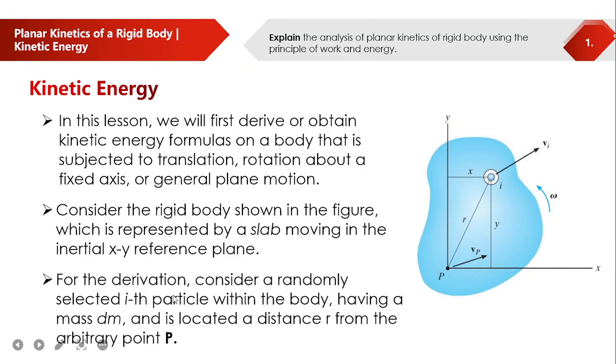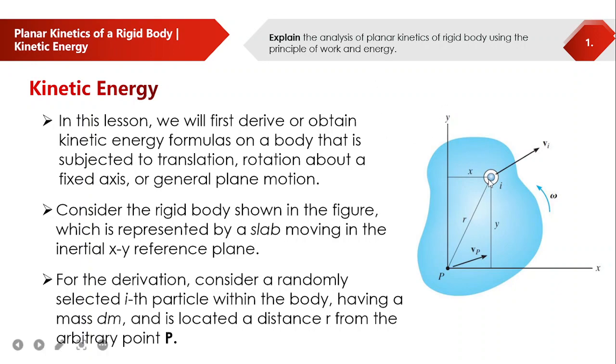And then for the derivation, consider a randomly selected ith particle within the body, having a mass dm and located a distance r from the arbitrary point P. Basically, this is our ith particle. So, this is what we need to consider, to find the kinetic energy formulas that we can derive using this ith particle.